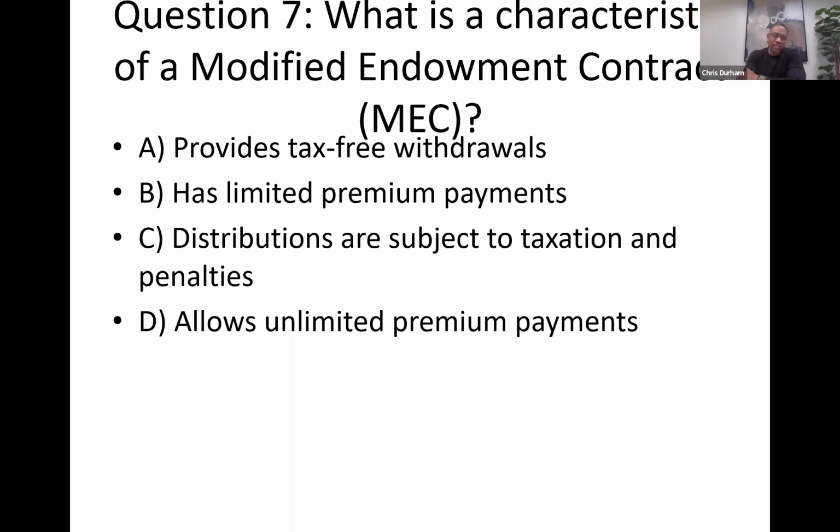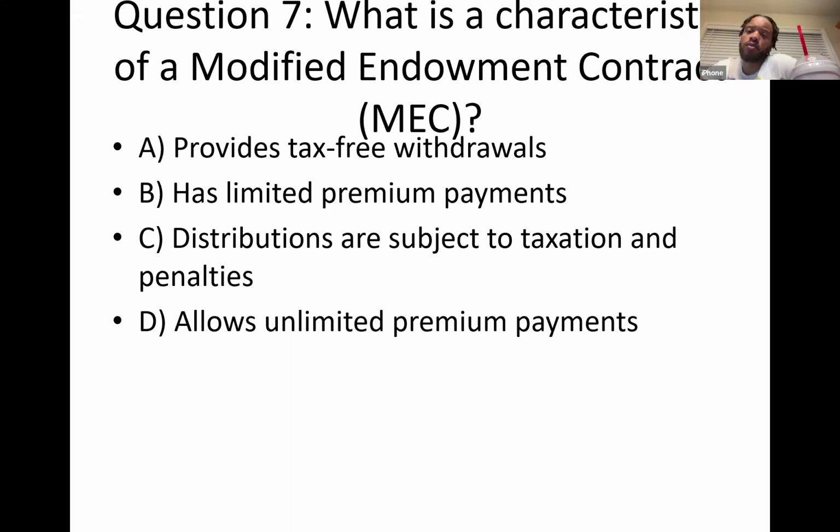Without getting too deep, a universal life insurance policy is supposed to be life insurance, but a lot of agents sell it as an investment. If you put too much premium over and above the cost of insurance, they will make you start paying taxes. That's why it changes from regular life insurance to a modified endowment contract.